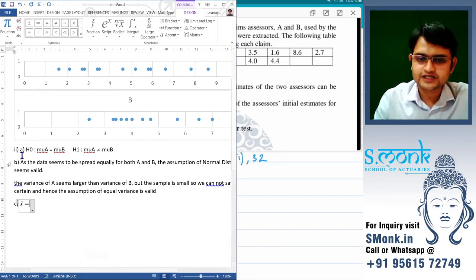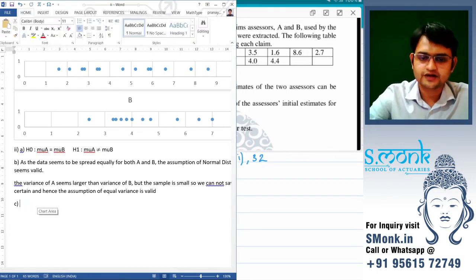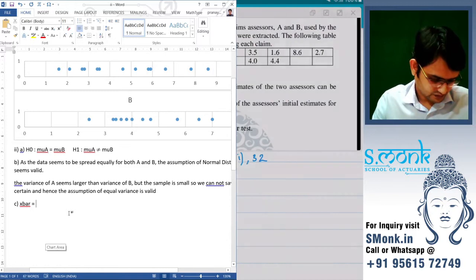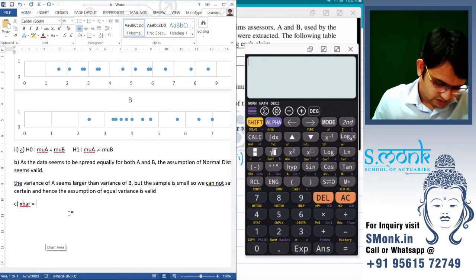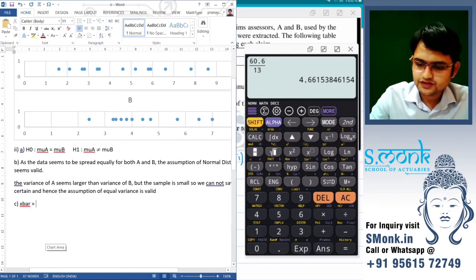Notations like here, I did not use the equation editor to write this mu A because it would take a longer time, so you can directly write like this. Similarly, I'll directly write it. I'll say x bar is equal to, we'll find these values. So we have summation x as 60.6 divided by 13, 4.6615.